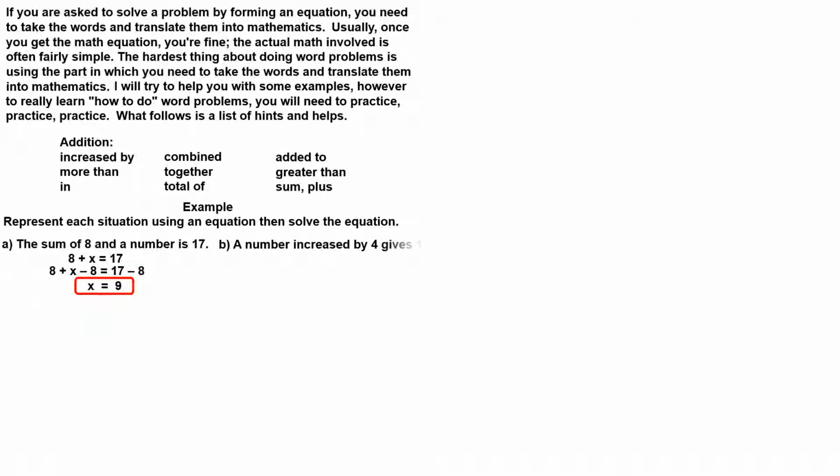A number increased by 4 gives 11. The keyword increased by tells us that we must add the two quantities.